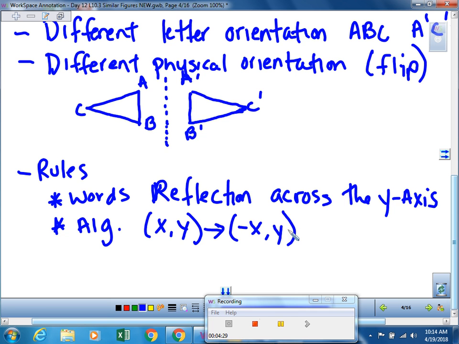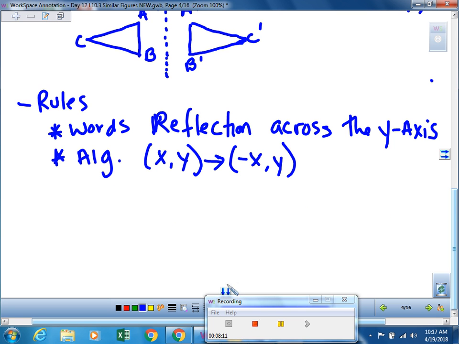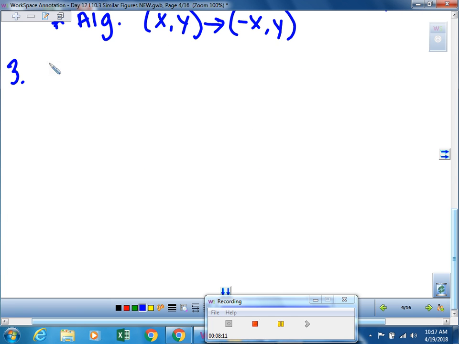All right. Now, what's the next one? Rotation. So number 3, rotation. Same letter orientation.